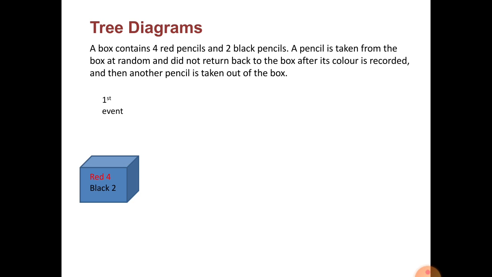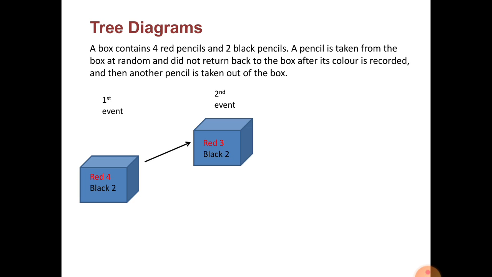If you take one red pencil randomly out, then for the second event there will be the box, but now there will be 3 red pencils and 2 black pencils.